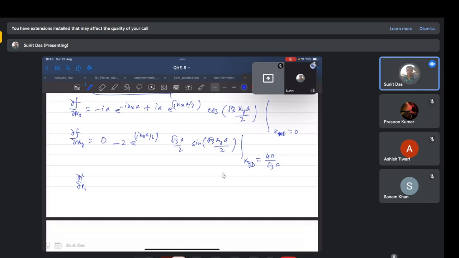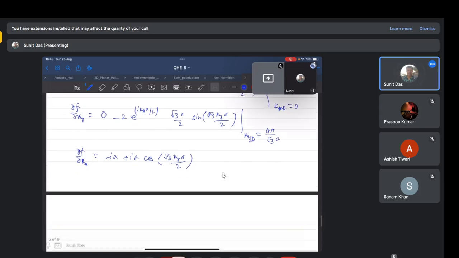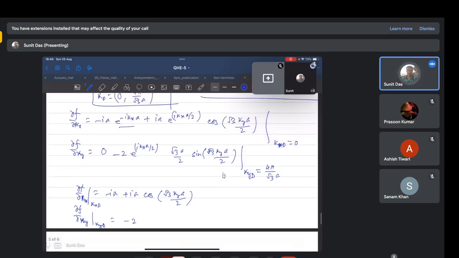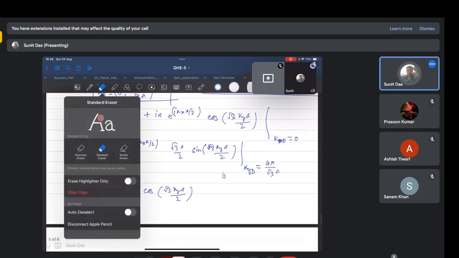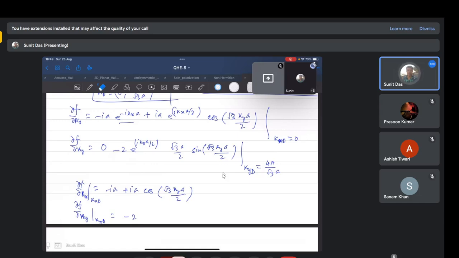Del f del kx will be minus ia, this will just be 1, and plus ia, again 1, cos root 3 ky a by 2, at kxd. Del f del kyd minus 2. Okay, so this is actually not correct. We only need to evaluate at kxd equal to 0.